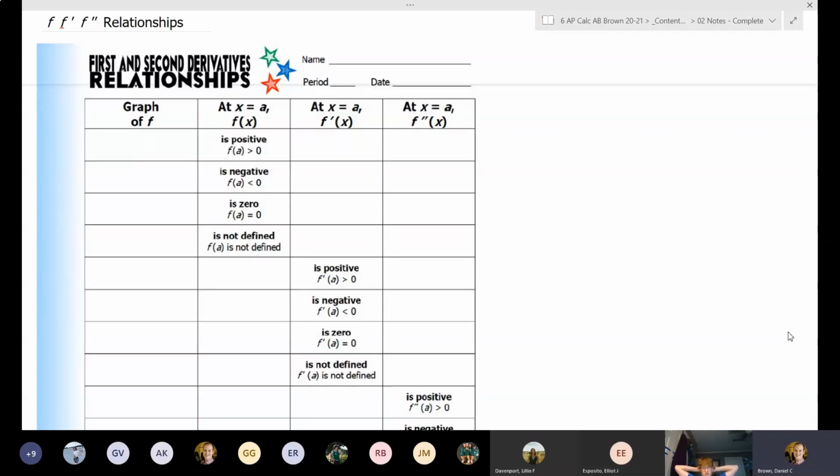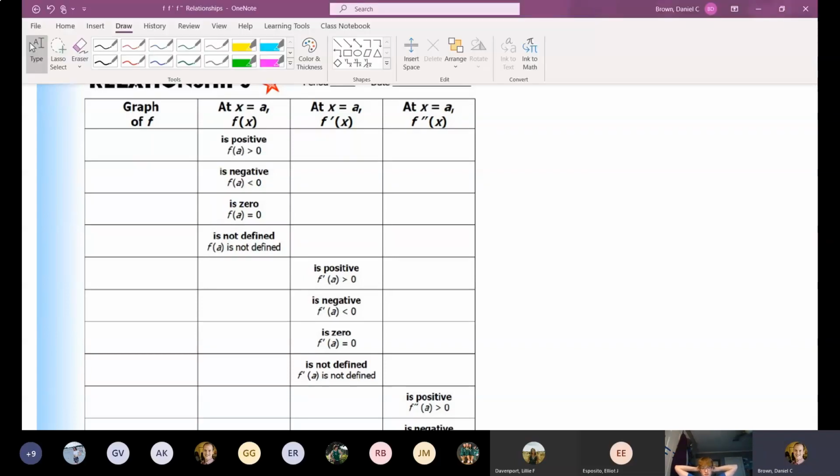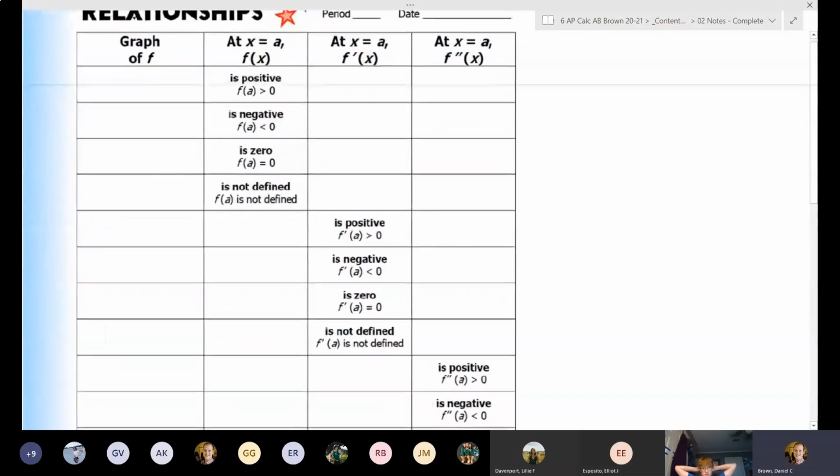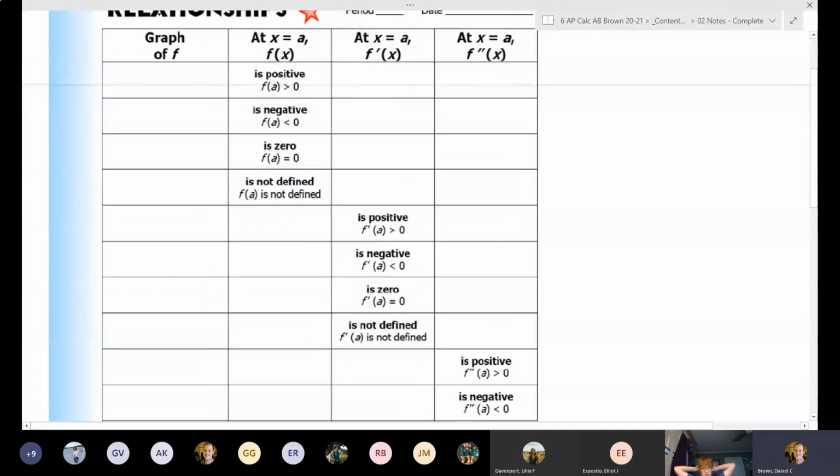These first 4 rows deal with not really calculus stuff, but just some ideas of what the graph looks like. So if I just talk about f of a, and I say that this y value, f of a, is positive, where do we know that this graph has to be located if I say f of a is positive?